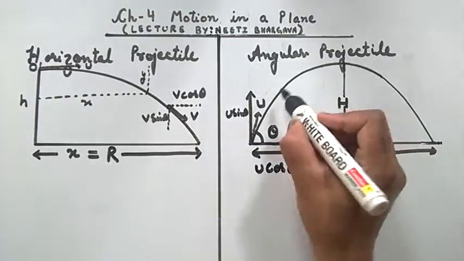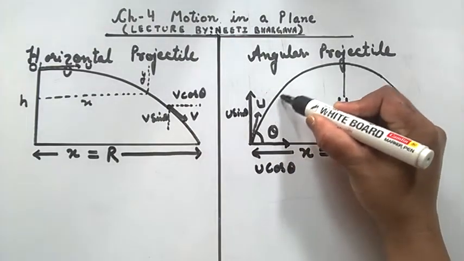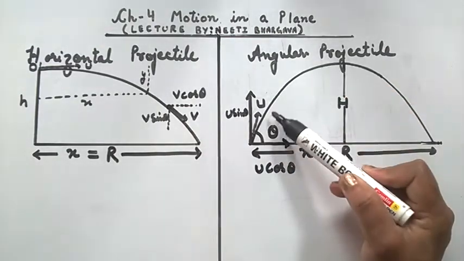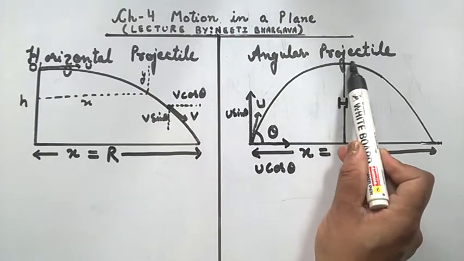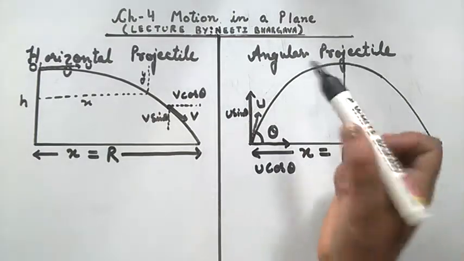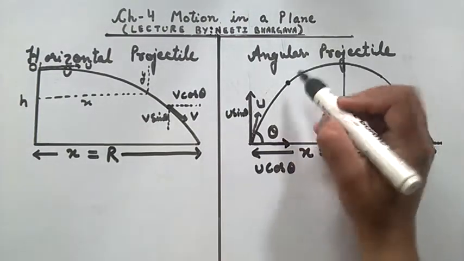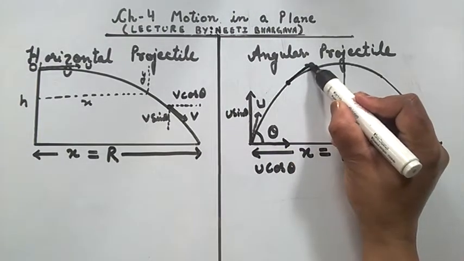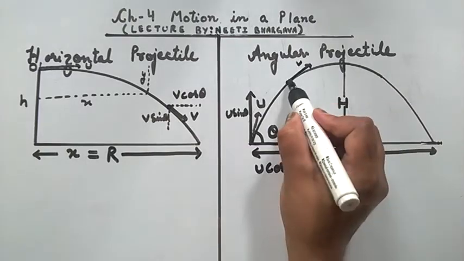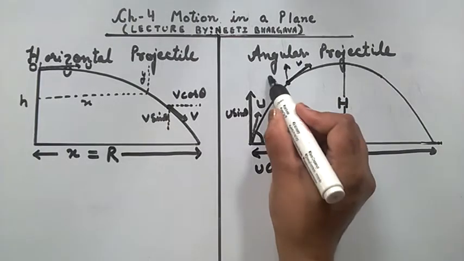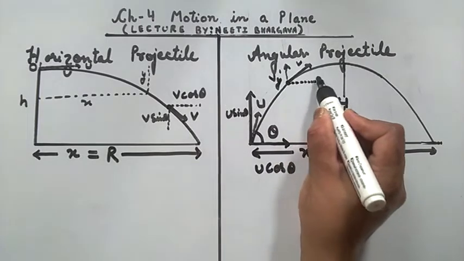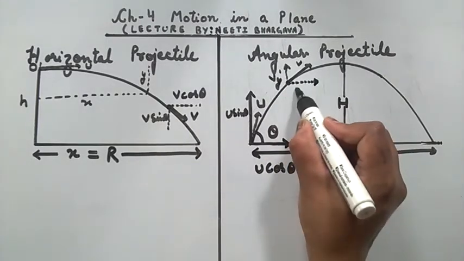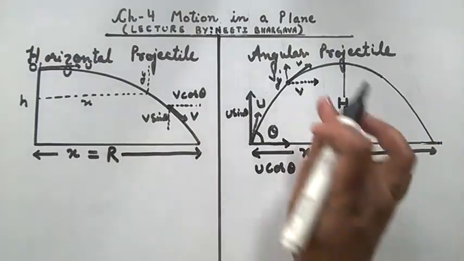Here the velocity component goes on decreasing and reaches 0 at maximum height, and after that it goes on increasing. Therefore at a different position let the velocity be v, then its component will be vy dash as it's changing at every position. Here the horizontal component is the same, equal to u cos theta.